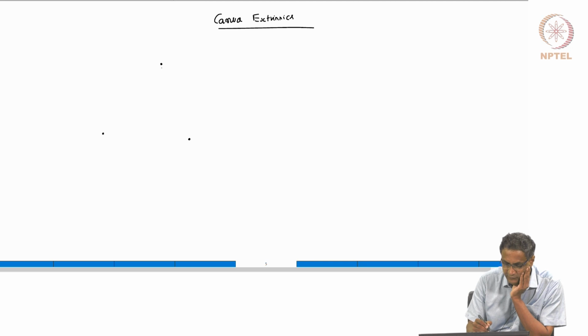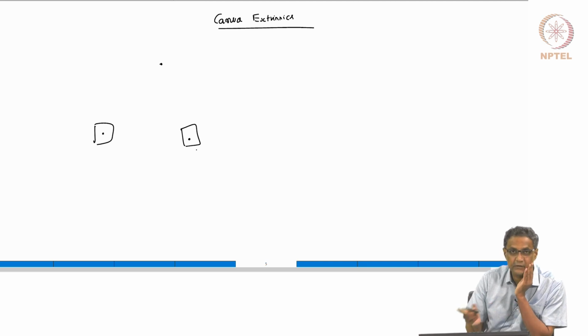Unless we know how to represent the coordinate of this point in this camera frame and in that camera frame, then when we want to search for a correspondence, or triangulate, we should know where this point goes here.